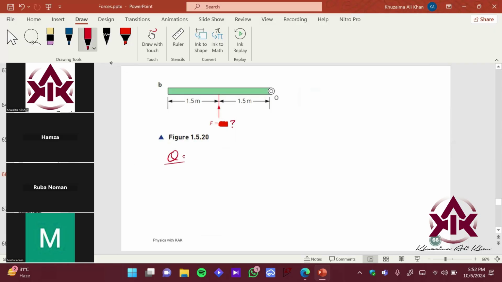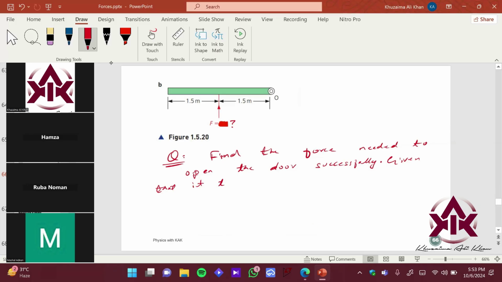If I say, okay, now find the force needed to open the gate, to open the door successfully, and given that it takes a moment of 15 Newton meter to open, right?